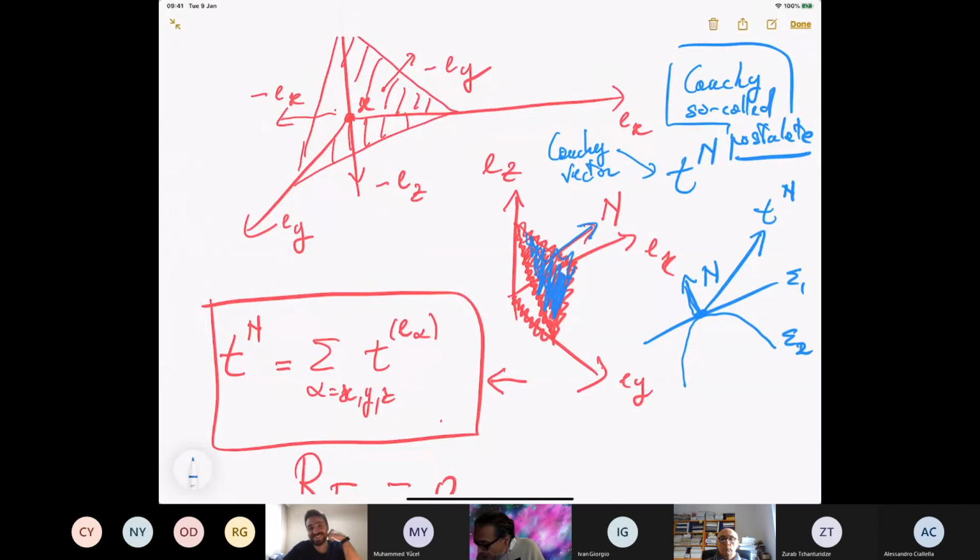Why? Because Noll's theorem is based on considering this volume and writing the balance of force in this volume. You have edges there. And Noll assumes no edge forces.